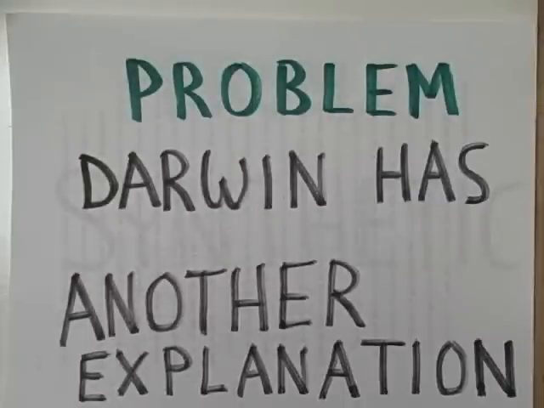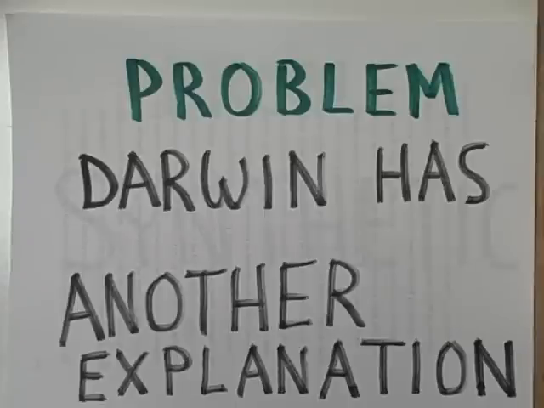Now, the biggest problem for this argument has occurred over the last 150 years with the advent of evolutionary theory. Darwin has given us yet another explanation for how we might account for the existence of design within nature.